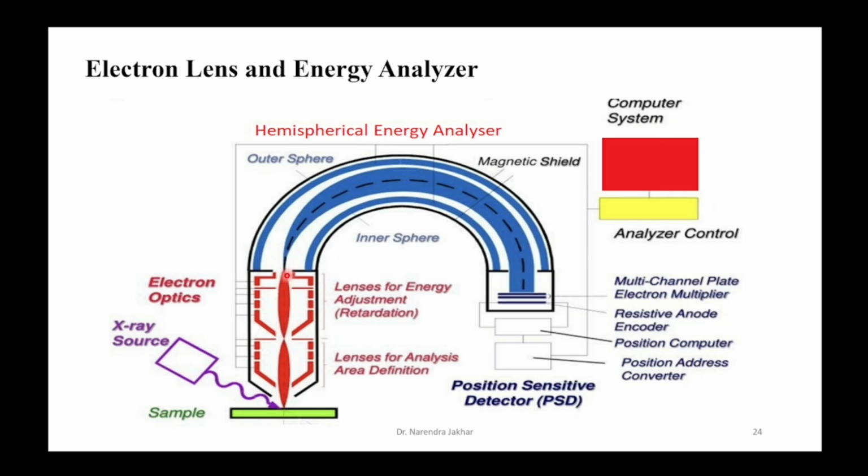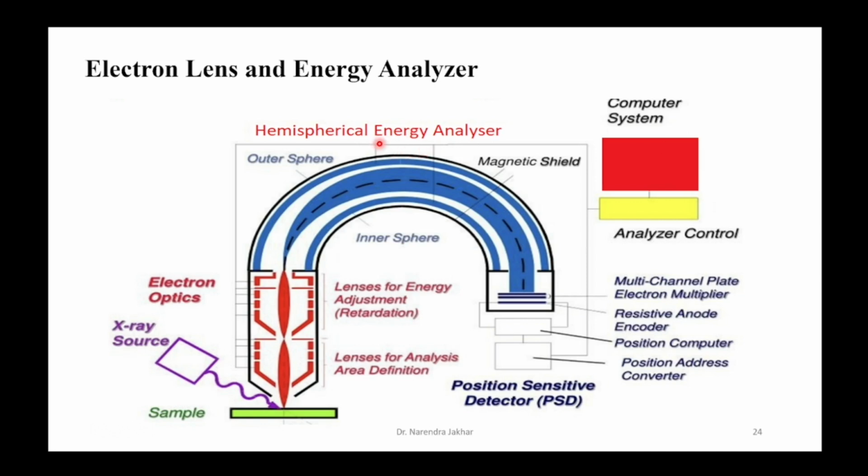When these electrons enter the energy analyzer, it has two concentric spheres, the inner sphere and the outer sphere. The outer sphere has a more negative potential in comparison to the inner sphere, and electrons with a definite, particular precise energy will reach the detector assembly.